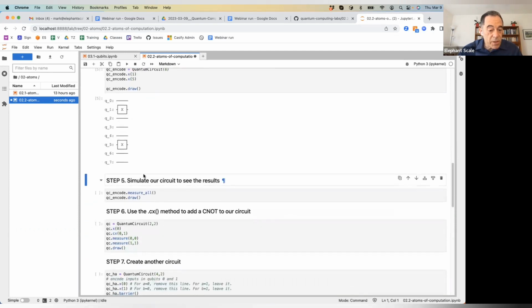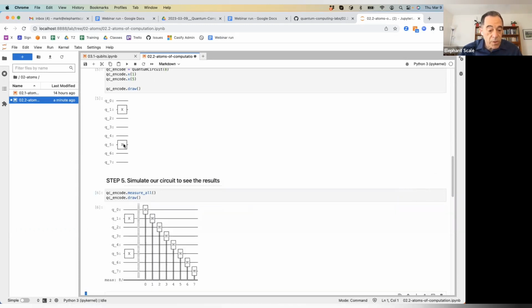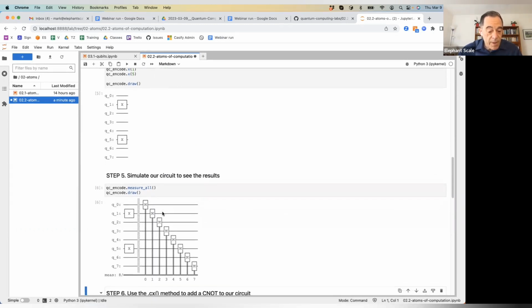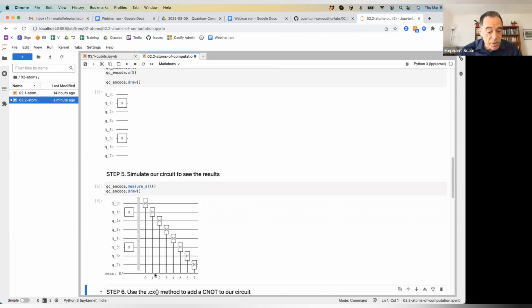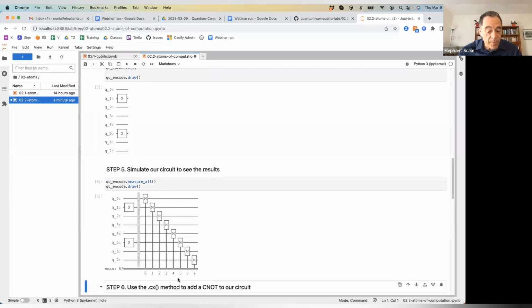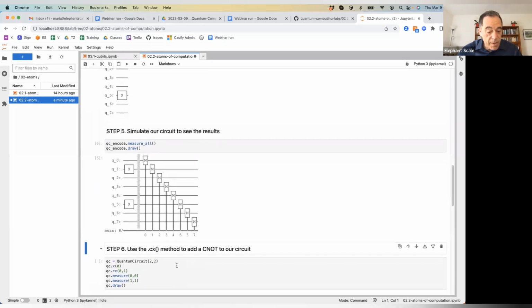And now I'm setting the qubits, the second and the sixth, and I want to measure them all. In other words, I want to set the output. Then I'm using the gate. I'm using the CX.